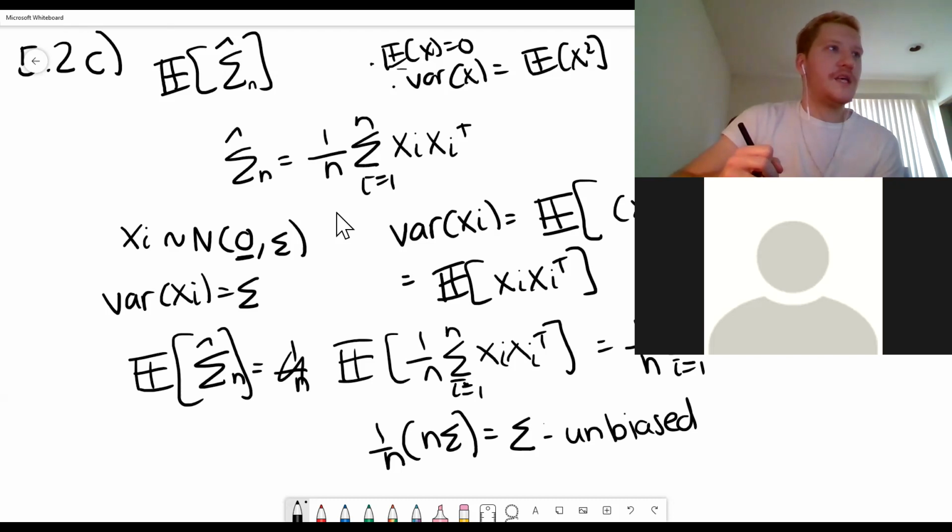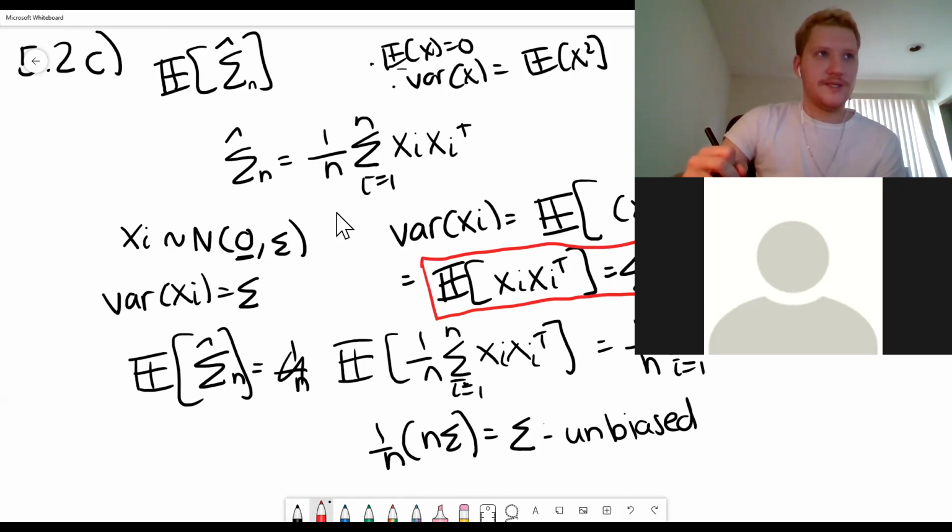So then the expected value of xi xi transpose is equal to sigma. That's really where we end up getting. That's why we can replace this with sigma, because this is the variance, right? The variance of xi is equal to sigma. So this showed that sigma, which is equal to the variance of xi, is equal to the expected value of xi xi transpose. So that's why we can replace this with sigma. Okay.